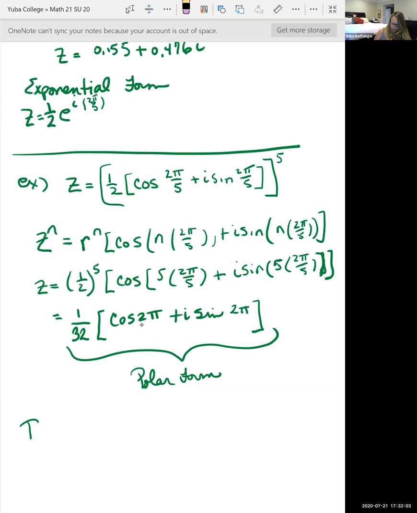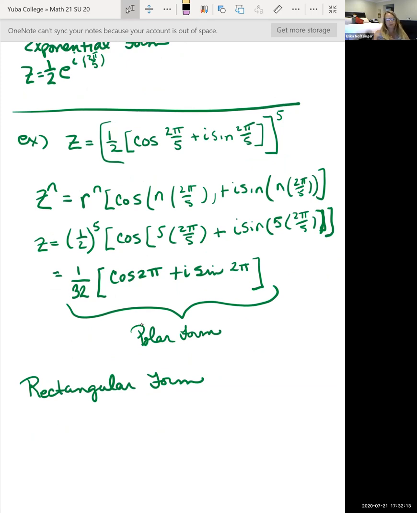Rectangular form, just evaluate it. So cosine of 2 pi, well, that's a full revolution. That gets us to a positive x-axis. X is 1 on the positive x-axis, so this would be 1 over 32, all times 1 plus i, but sine of 2 pi, on the x-axis, sine is 0.